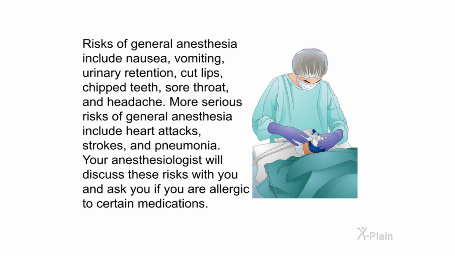Risks of general anesthesia include nausea, vomiting, urinary retention, cut lips, chipped teeth, sore throat, and headache. More serious risks of general anesthesia include heart attacks, strokes, and pneumonia. Your anesthesiologist will discuss these risks with you and ask you if you are allergic to certain medications.